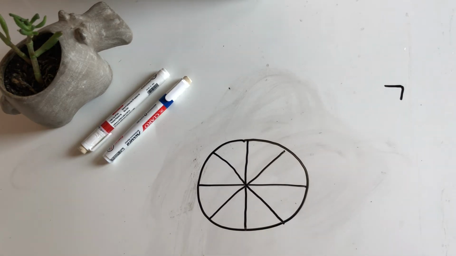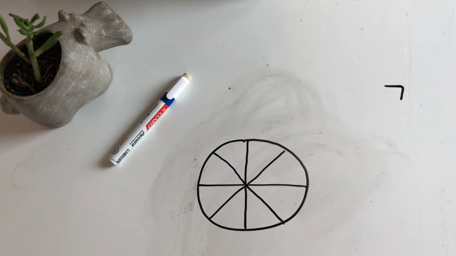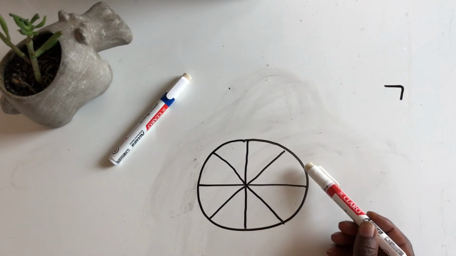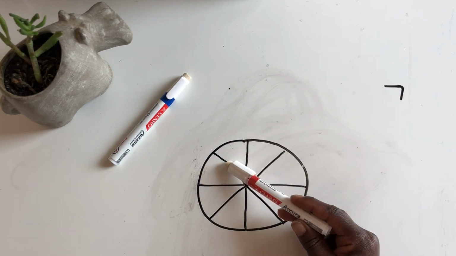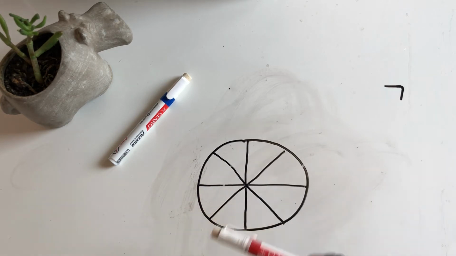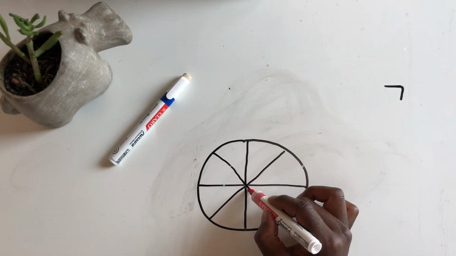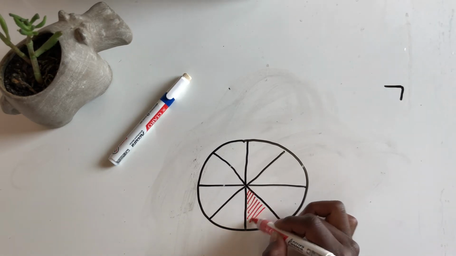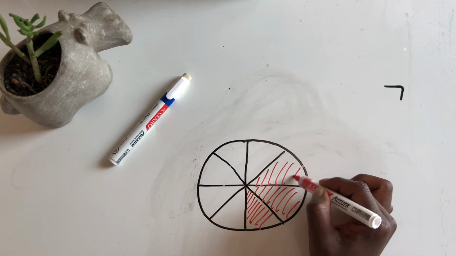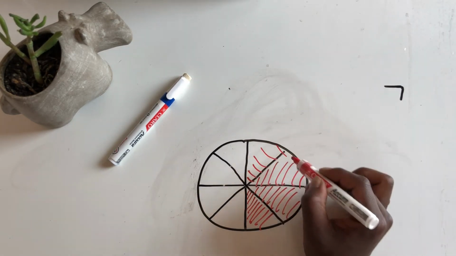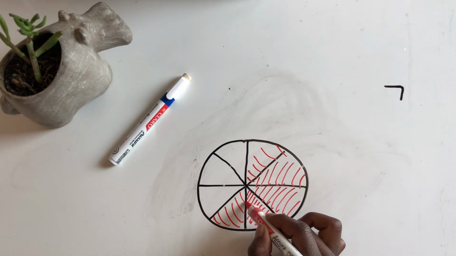Now, we have a circle, and this circle has been divided into 1, 2, 3, 4, 5, 6, 7, and 8 equal parts. Now, let's say we shade 5. So the first one, the second one, the third one, the fourth one, and the fifth one.